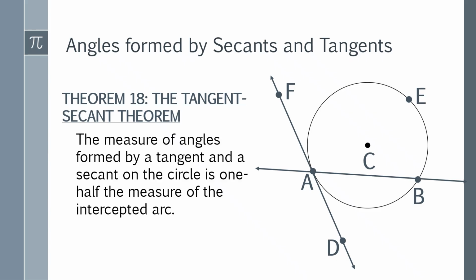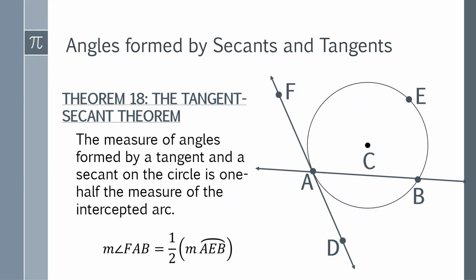And this major arc AEB is your intercepted arc under the angle FAB. So therefore, the measure of angle FAB is equivalent to one half the measure of the major arc AEB. So you have to remember the measure of that angle is half of the intercepted arc. I hope that you get this.